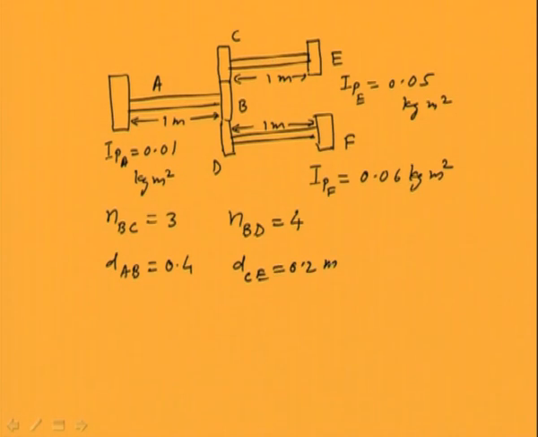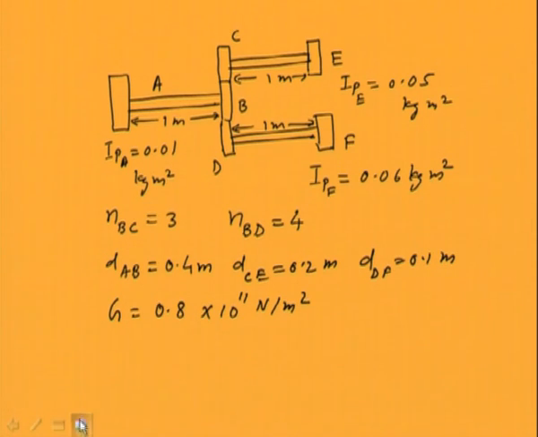They are all in meters. And the diameter of the third shaft is 0.1 meter. The modulus of rigidity is 0.8 into 10^11 Newton per meter square.